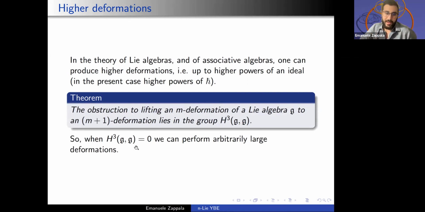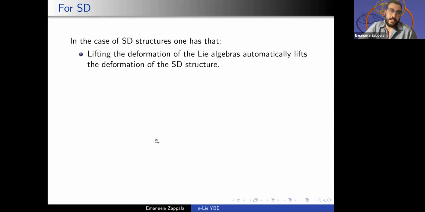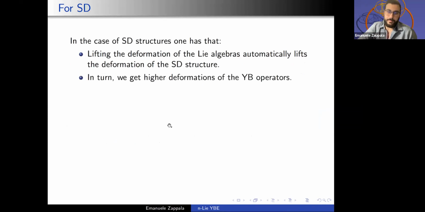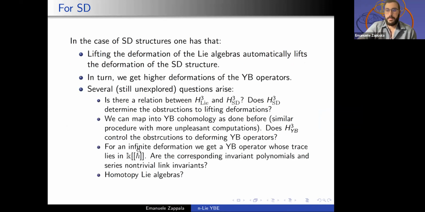I don't know yet, but what I expect is that you can transfer the Massey bracket from the Lie algebra to the self-distributive cohomology as well. And that would be an obstruction to deforming the self-distributive structure arbitrarily many times. So this would mean that you have arbitrarily high deformations of the corresponding Yang-Baxter operator.